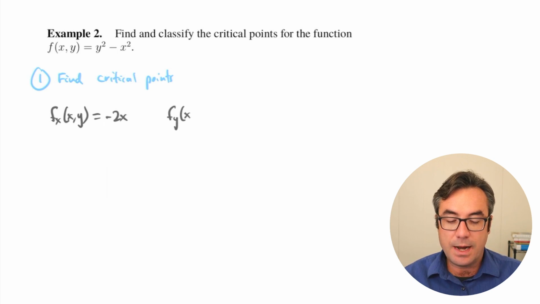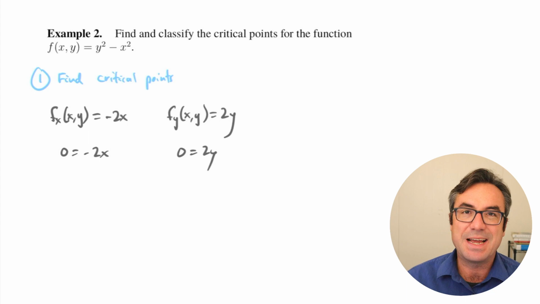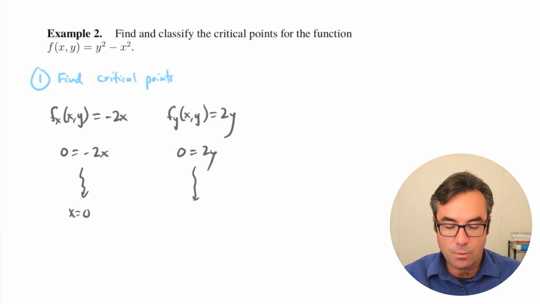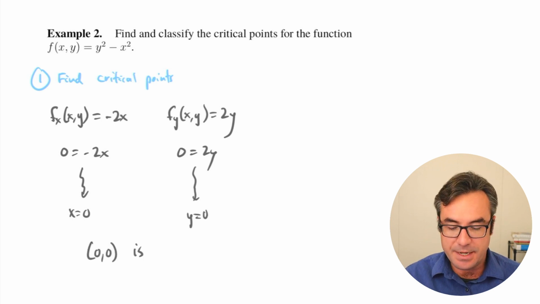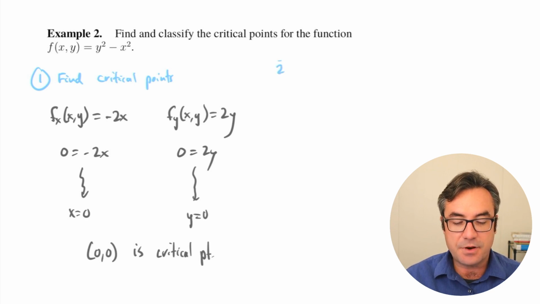F partial y is going to be 2y. We set each of these equal to 0. This one's not too bad, and we get x equal to 0 and y equal to 0. So if we put it together, the origin is a critical point. It's the only one.